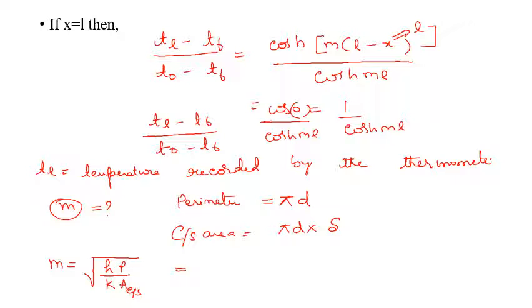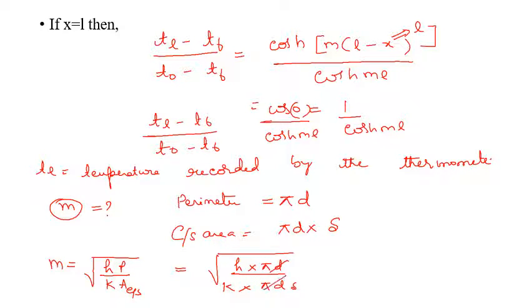If I substitute, h is h, perimeter is pi d, then k into area is pi d delta.